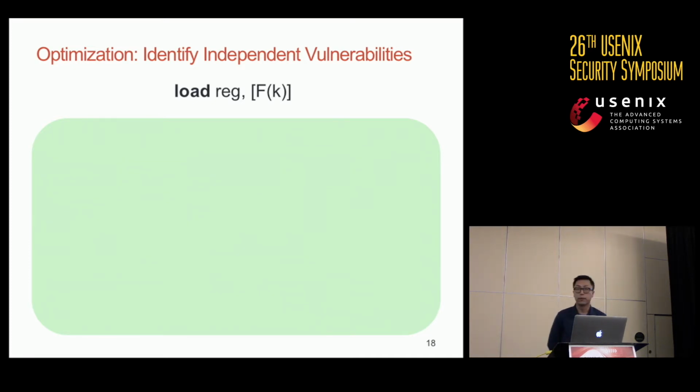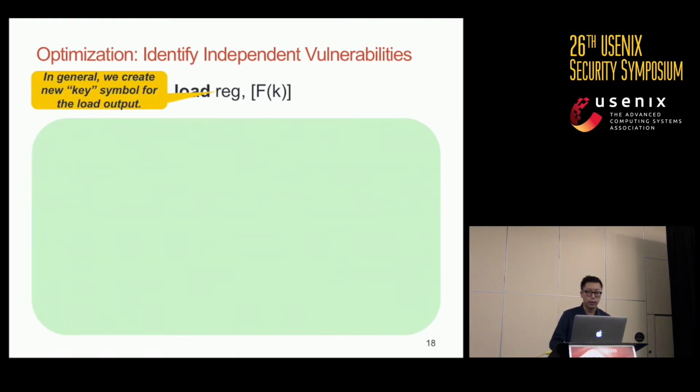Like I mentioned before, we capture the implicit information flow by creating new key symbols, as long as the memory address formula is a formula of key. As shown in this example, for the load operation, we will create a new key symbol for the load output, since the memory address formula is a formula of key.